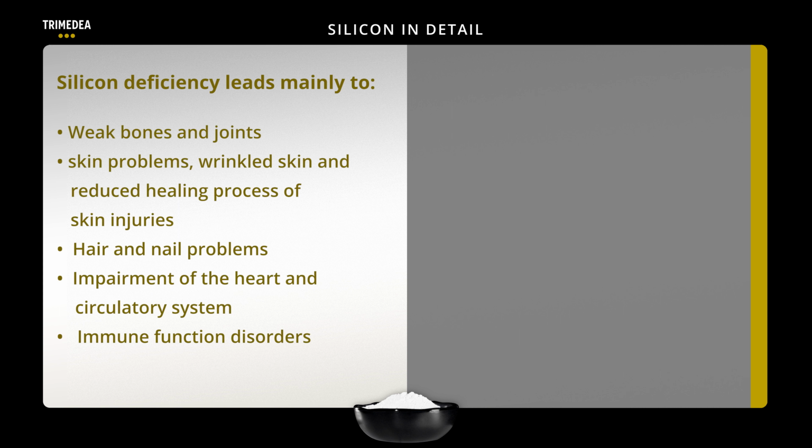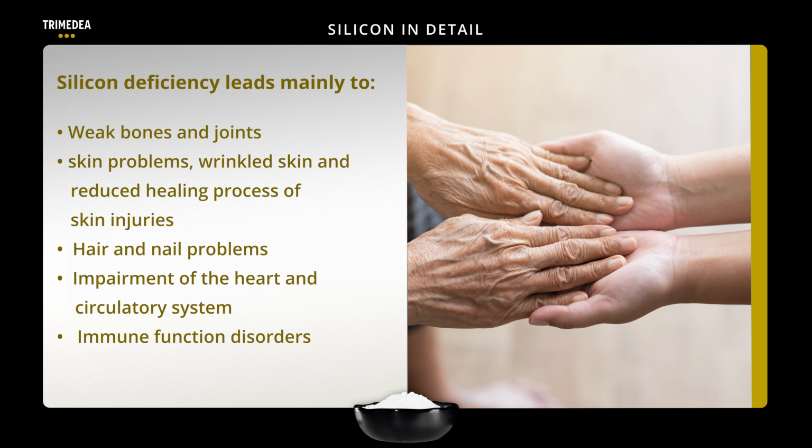Silicon deficiency leads mainly to weak bones and joints, skin problems, wrinkled skin and reduced healing process of skin injuries, hair and nail problems, impairment of the heart and circulatory system, immune function disorders.